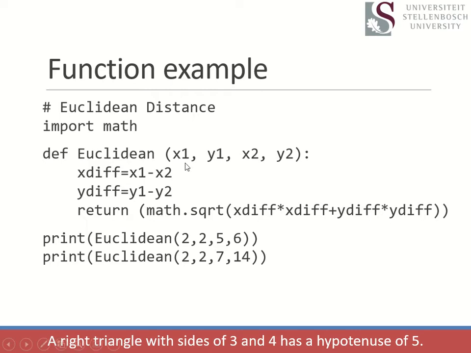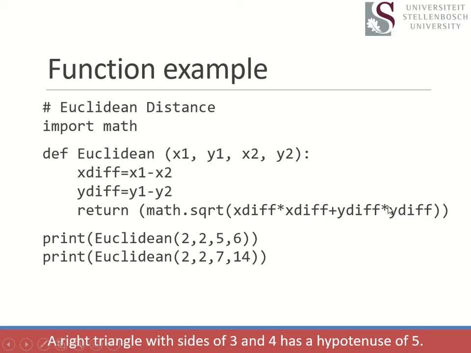So we can give this function an x value and a y value for the first point, an x value and a y value for the second point. Then the function will internally ask how far apart are those two x values, how far apart are those two y values, and then it computes the square root of the sum of squares for those two differences.